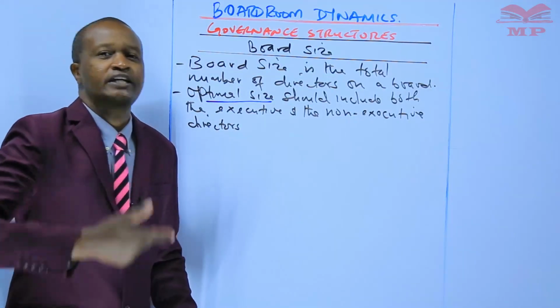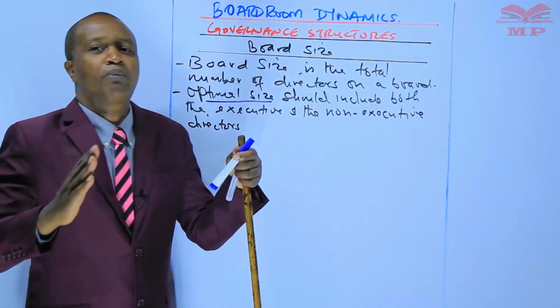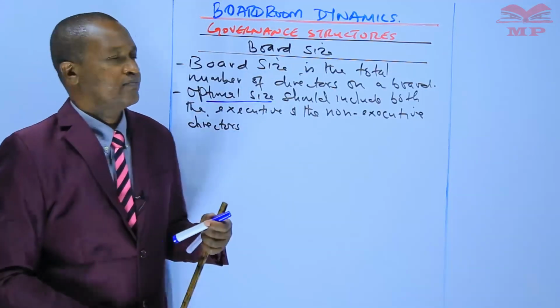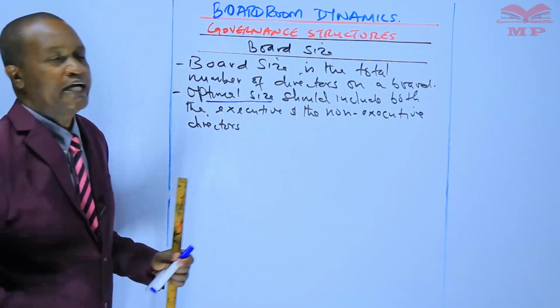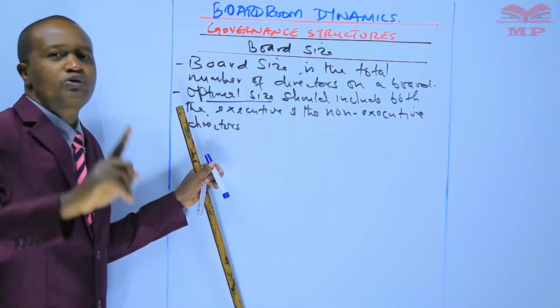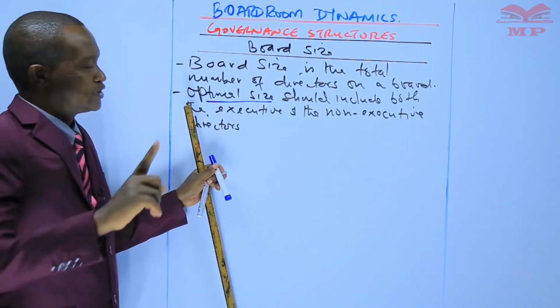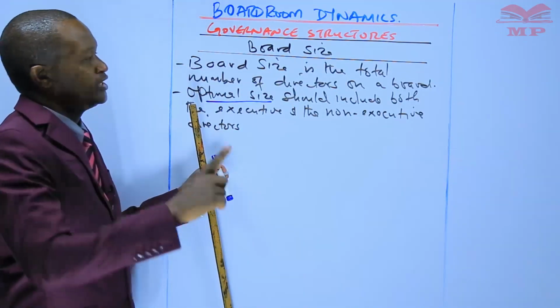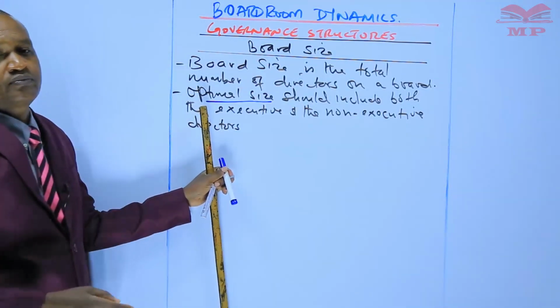The effectiveness in structuring the board, candidates, is very important for governing the company. And board size has been found to be very important in the process of managing any successful organization.